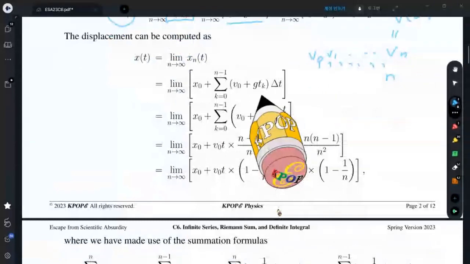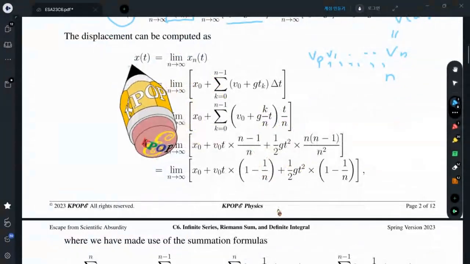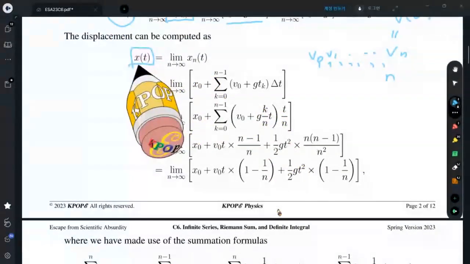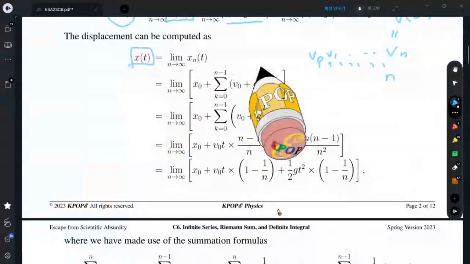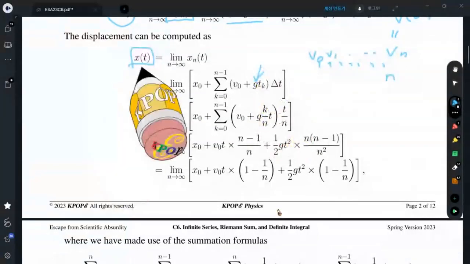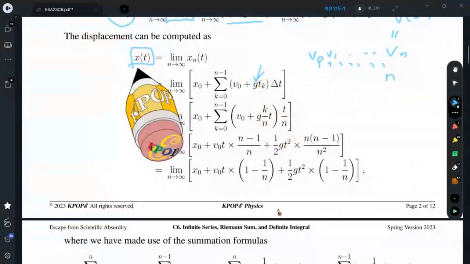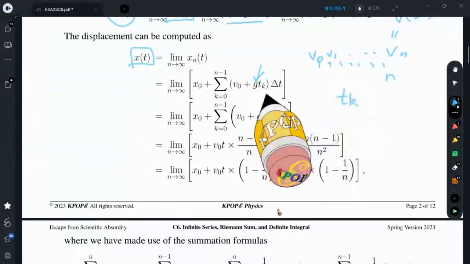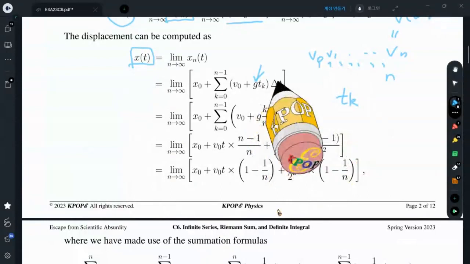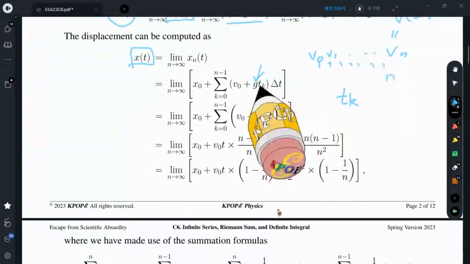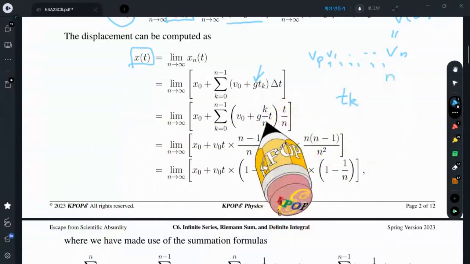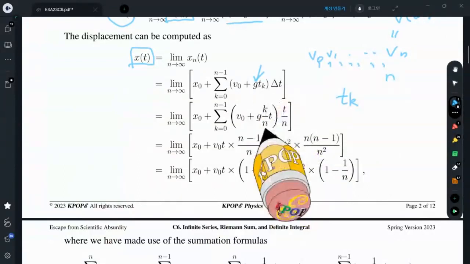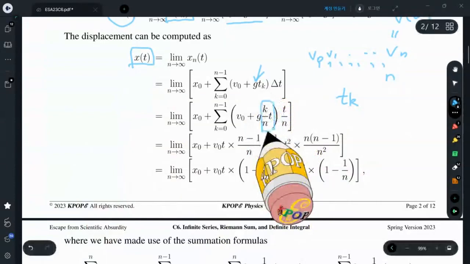Let's see. The position of a particle under constant acceleration, the gravitational acceleration, can be expressed in this form, as we have done in C2. Here, tk is the kth entry of the sequence, identifying the discrete time, and that can be expressed in terms of this product.